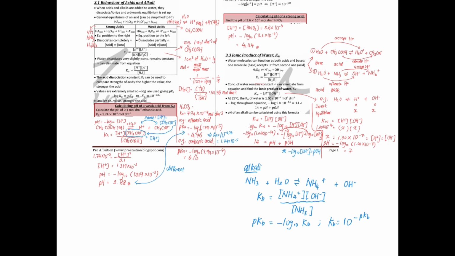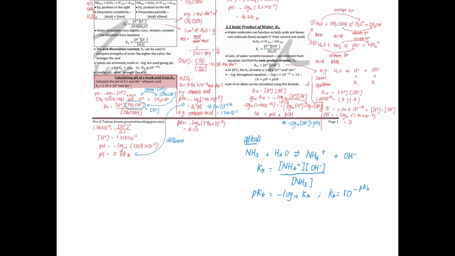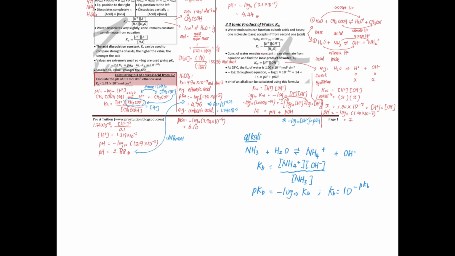And then after that, you have the pH scale for acid, where you have to negative log the concentration of H plus to get pH. So now we have the similar version: we have pOH, where you negative log the OH minus.